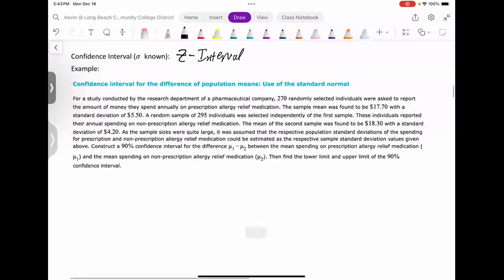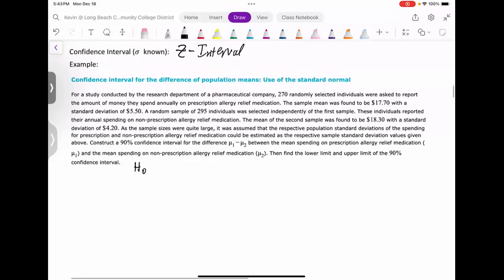Now I want to point out, when we do a hypothesis test, which is not what we're doing here, we're starting here with this assumption. And if I subtract mu2 from both sides, then this is the same thing as saying mu1 minus mu2 is equal to 0. So that's where we're getting this from. This is going to be the middle of our confidence interval.